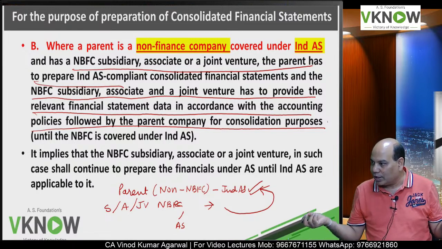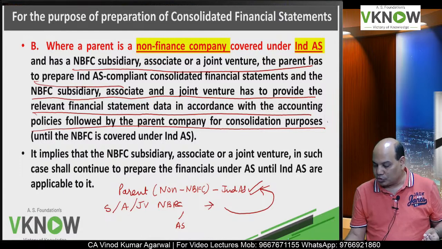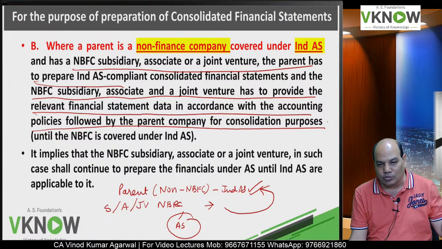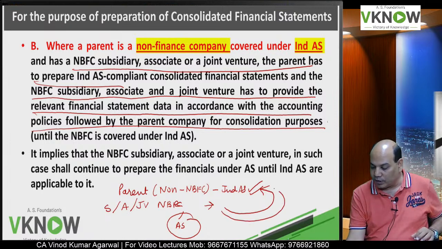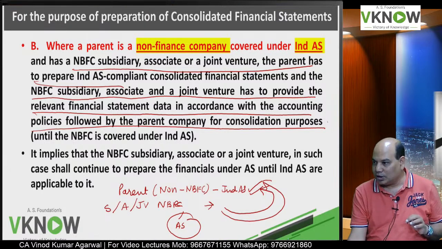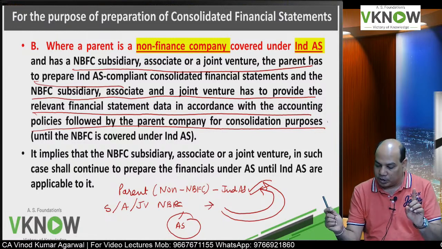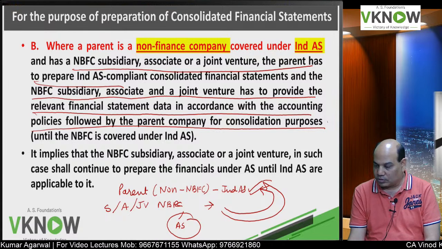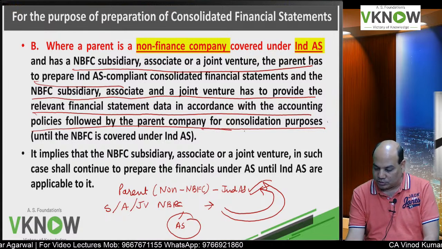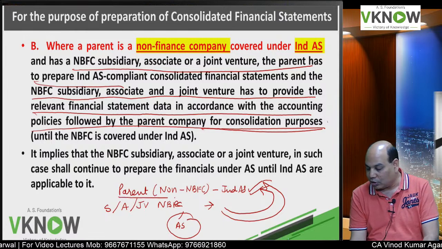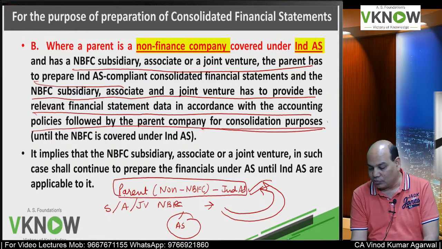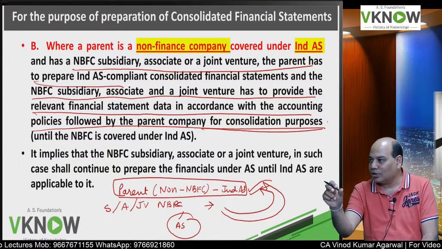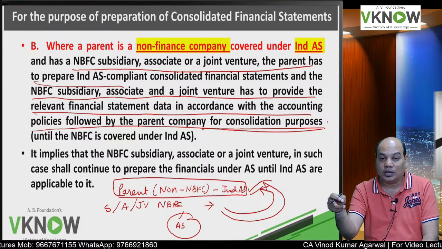The problem is that NBFC is not covered. So NBFC will prepare one financial statement as per accounting standard and one more financial statement as per Ind AS, only for the purpose of consolidation, because parent company cannot follow AS once Ind AS is applicable.